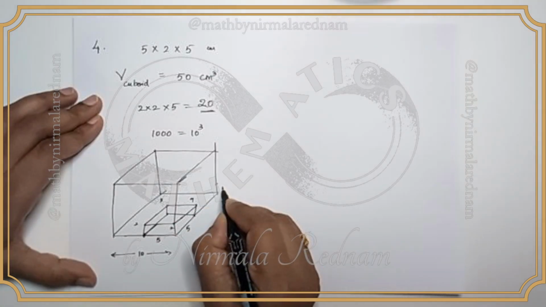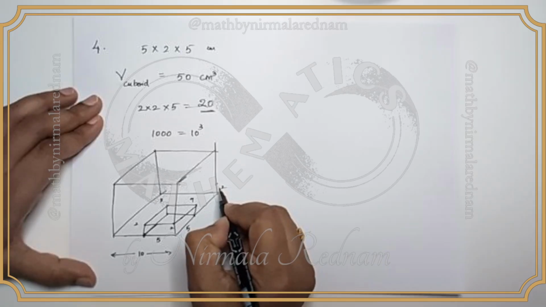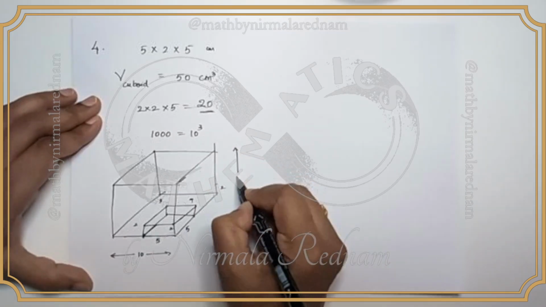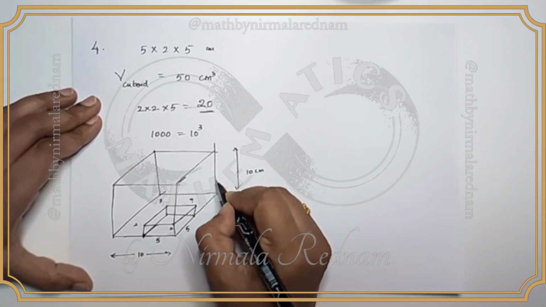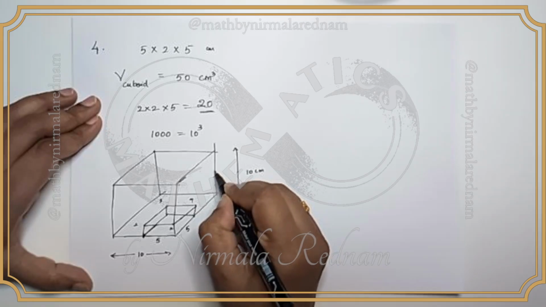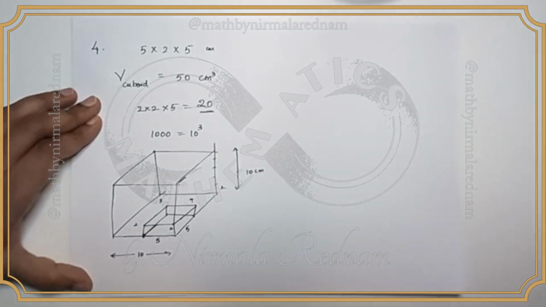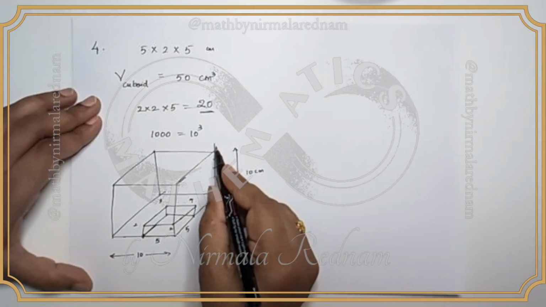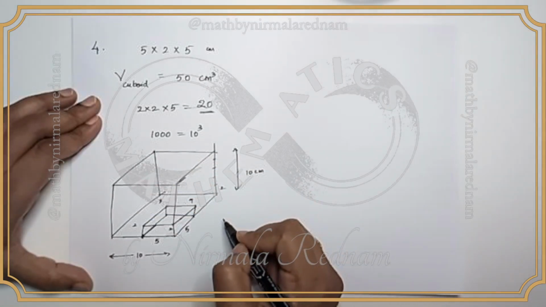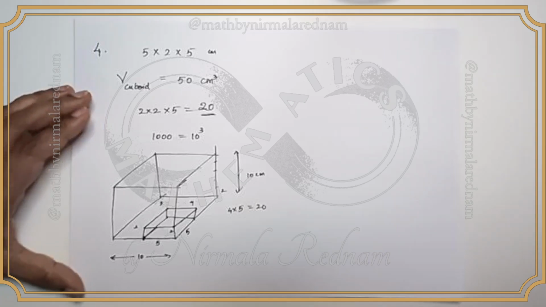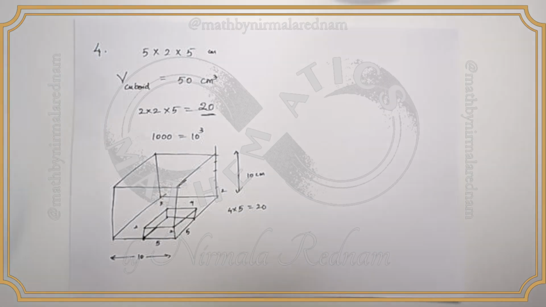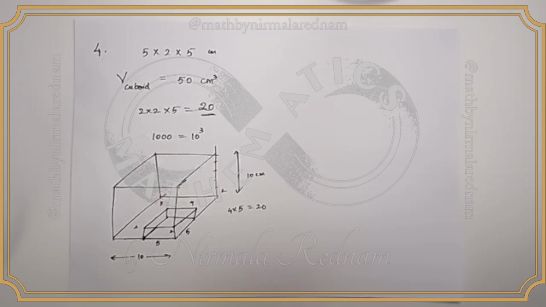The height of that layer is 2 centimeters, and this entire height is 10 centimeters. That means you have 5 such layers, right? So 1 2 3 4 5, 5 such layers will give you height as 10 centimeters. That means 4 into 5 is 20. So you can try to visualize how we can arrange these cuboids in order to get the cube of side 10 centimeters.